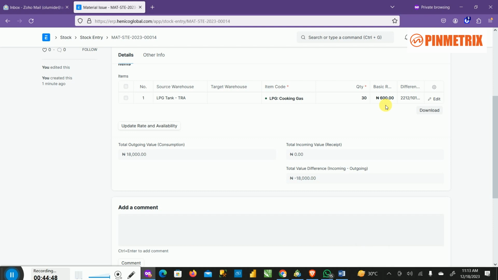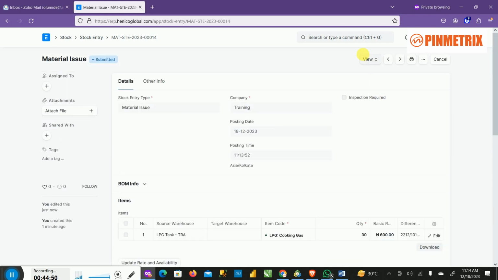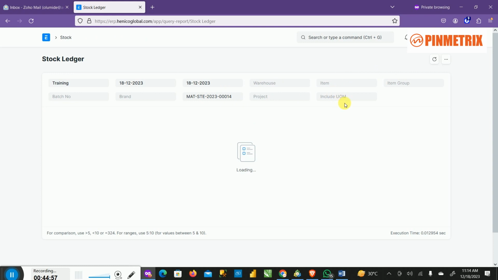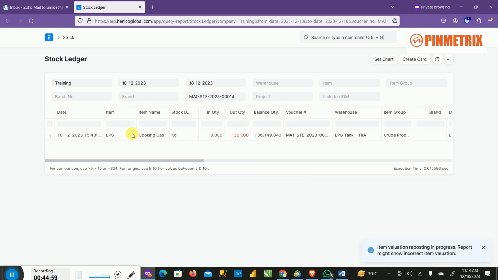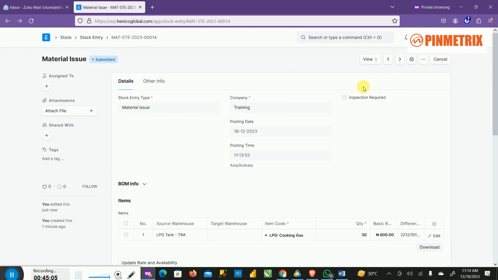You understand, on the ledger account. So if I decide that I go to the ledger account to check my stock ledger account, so this 30 has been issued out. You understand? It has been issued out. Then here now, that's the accounting ledger.